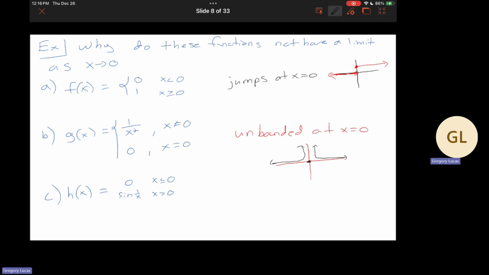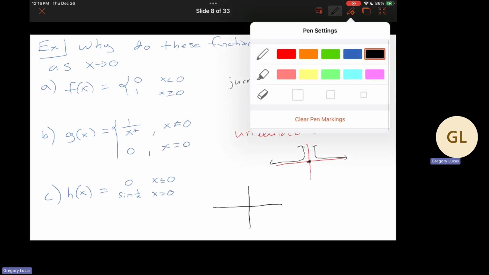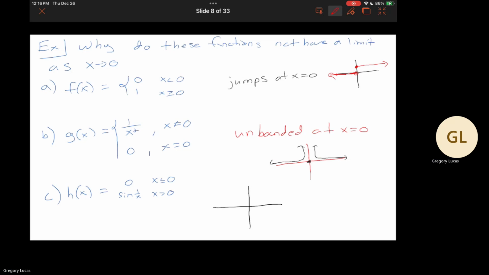And then our last one, this one's a little tricky. So we'll take a look at the graph. So I said it's 0 until we get to 0. And then sine of 1 over x is a function that oscillates a bunch. So it looks something like this. It goes up and down really fast.